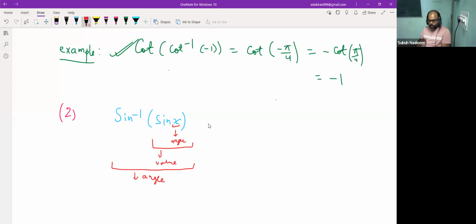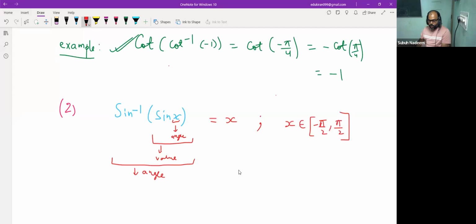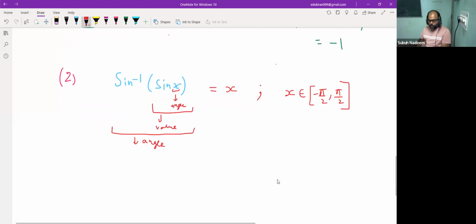So it is equal to x if it is in the principal range. Example: sine inverse of sine pi by 4. Sine pi by 4 is 1 by root 2, and sine inverse of 1 by root 2 is pi by 4. So we get the same thing because pi by 4 is between minus pi by 2 and pi by 2.